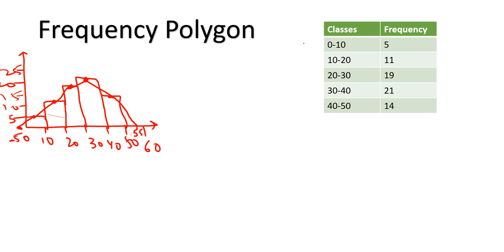Otherwise, the second way is simply taking the midpoints and then constructing it. How will we do that? Simply taking the midpoints 5, 15, 25, 35, 45. These are midpoints.